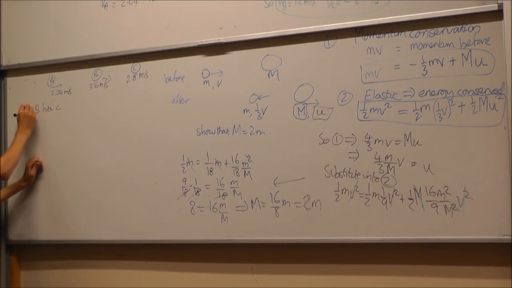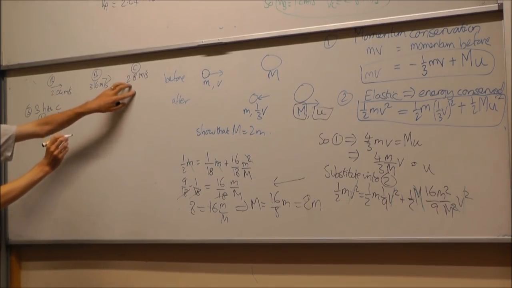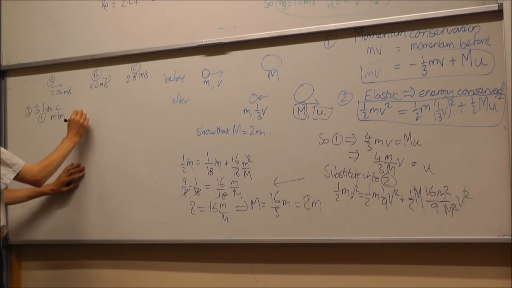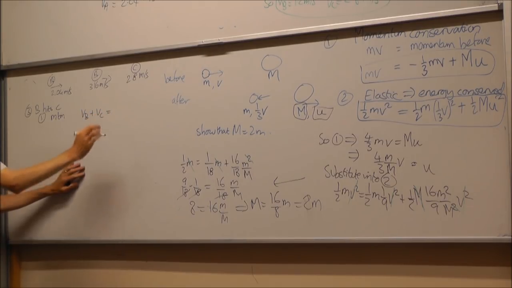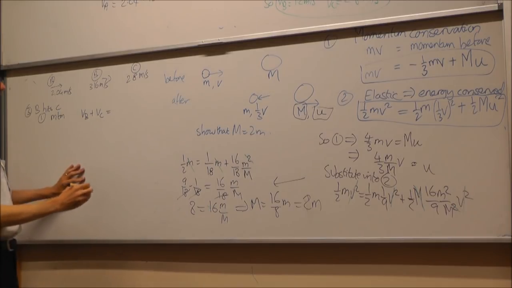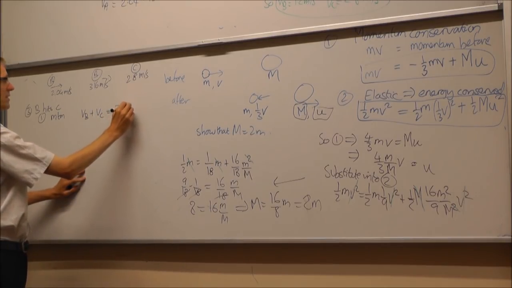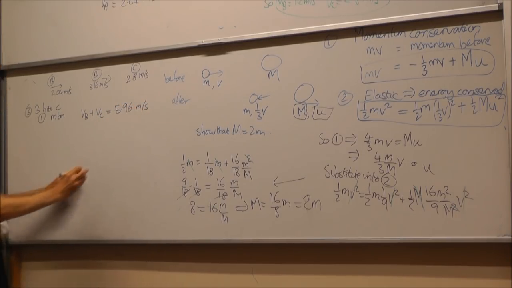Momentum is your first thing. Afterwards, VB plus VC has got to be equal to 3.16 plus 2.8, which is 5.96 meters per second.